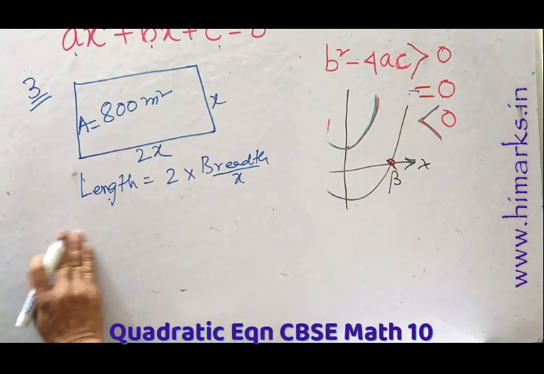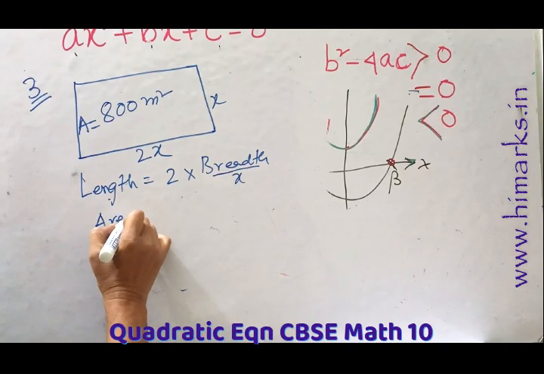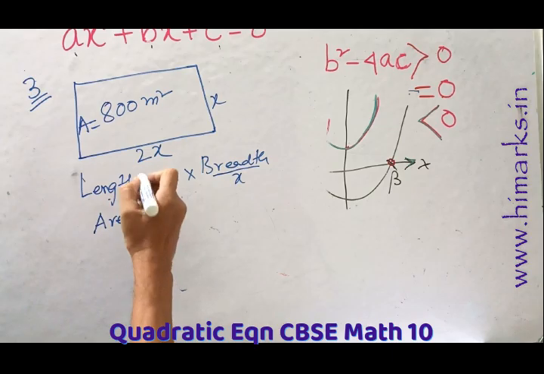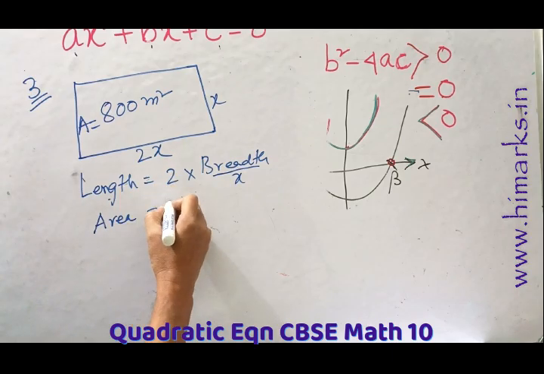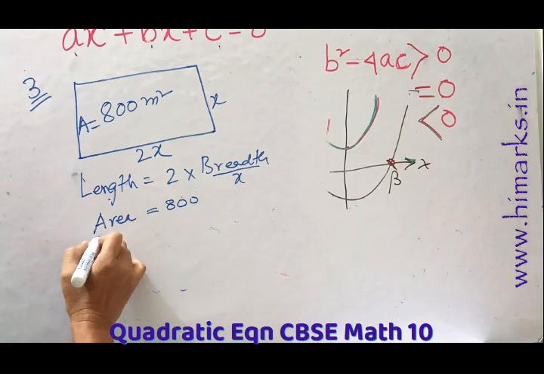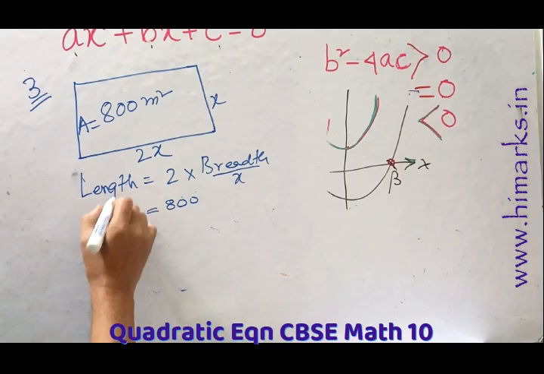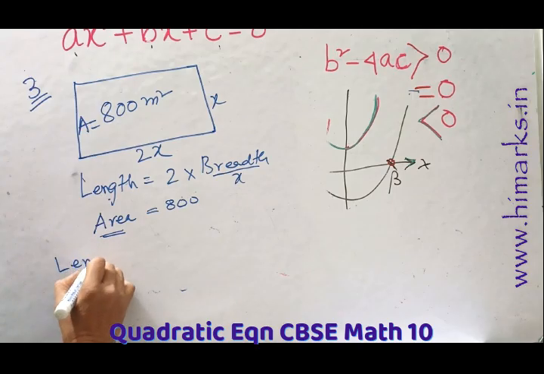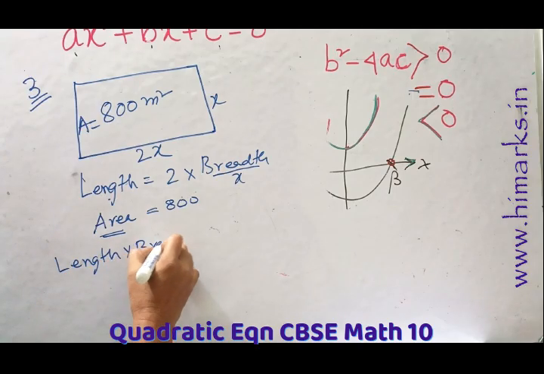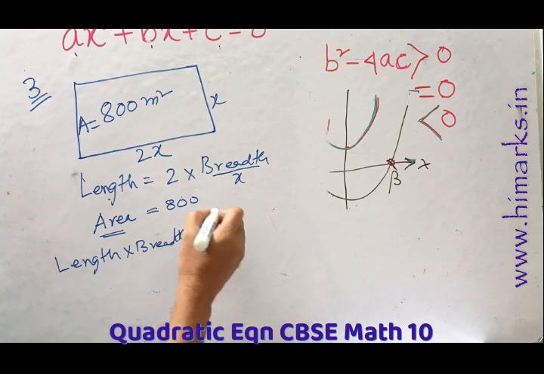Now the next thing given is the area, 800 meters square. We also know that the area we can write as length into breadth equal to 800.